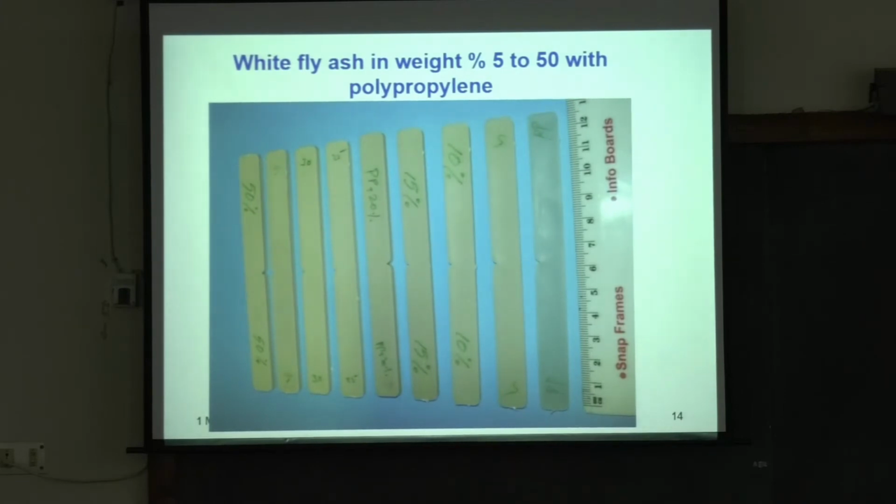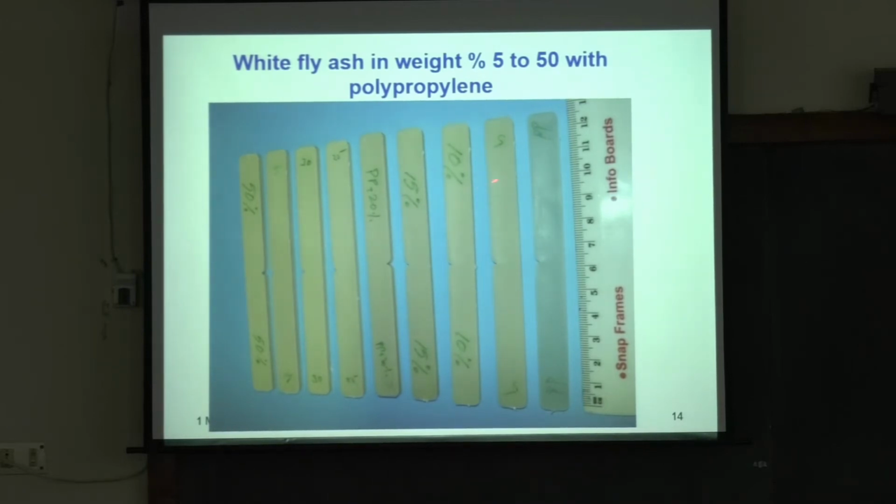So now, having made the samples, this is just normal light in the veranda. So this is the polypropylene. It looks a bit translucent because this is a polymer, I think 3 millimeter thick.